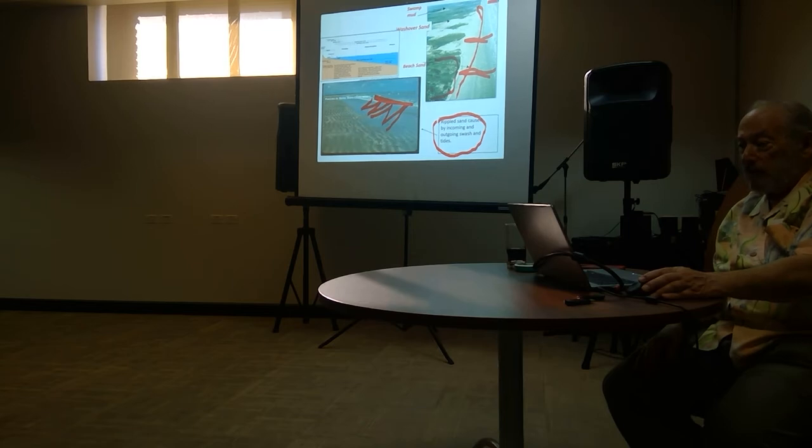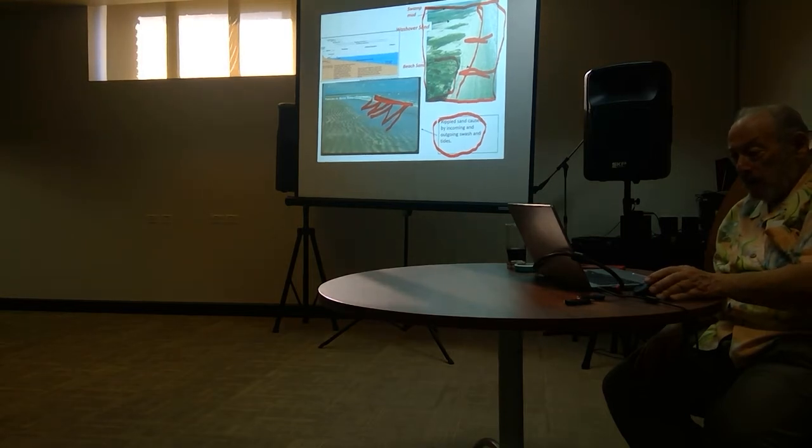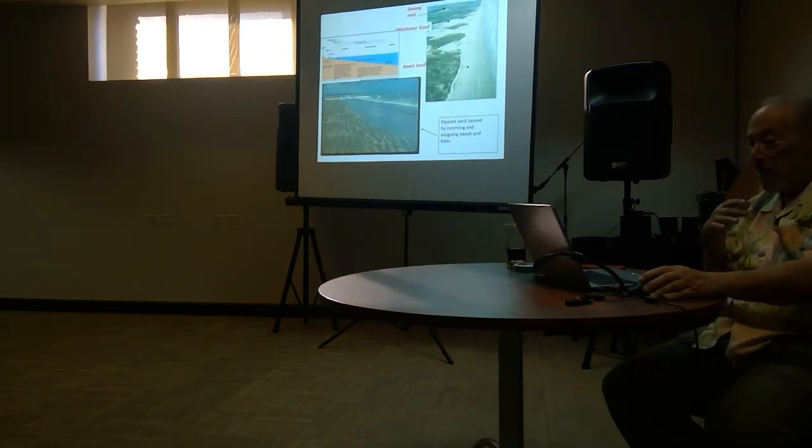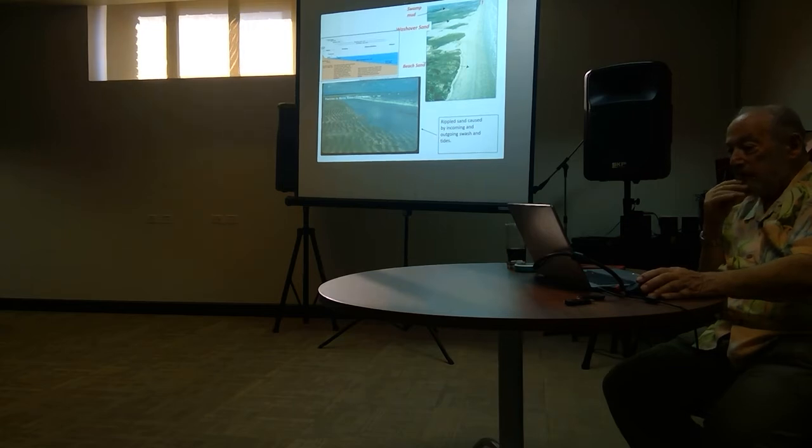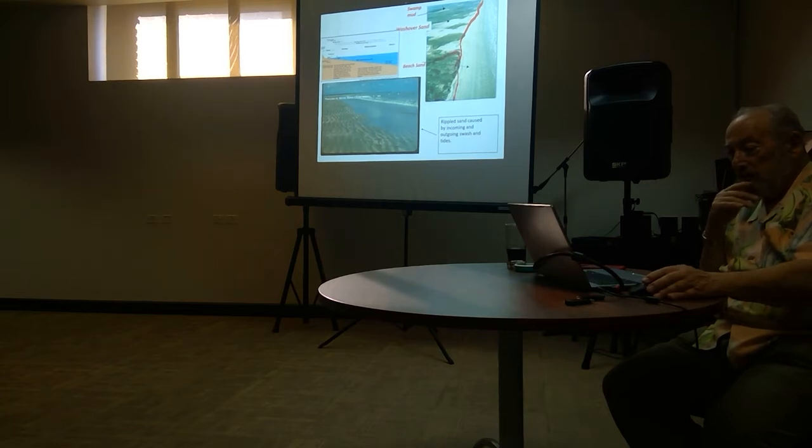Now this particular picture was taken after a hurricane on the U.S. Gulf Coast. What you see here is your sand body, then your lagoon behind the sand body, but you also have a little fan-shaped body of sand like that.